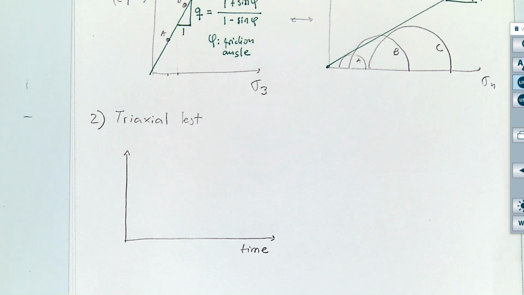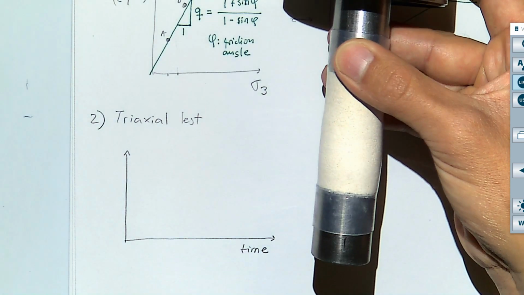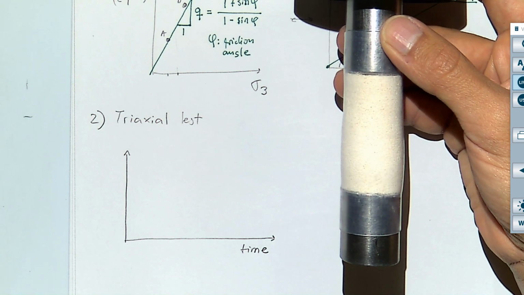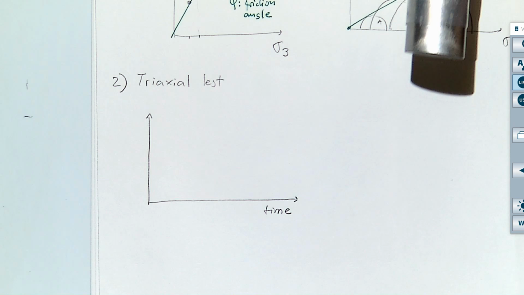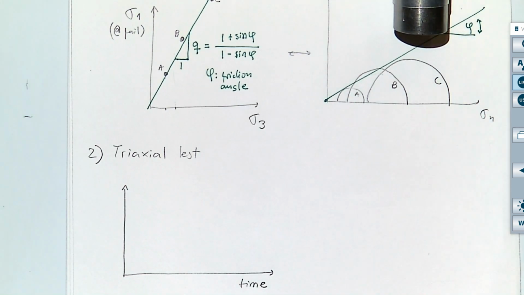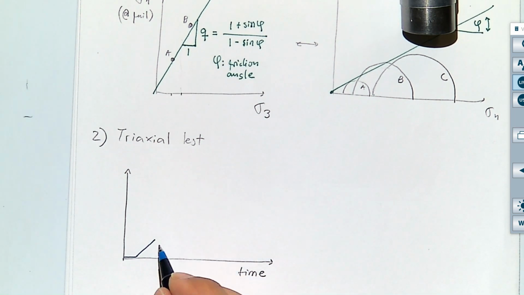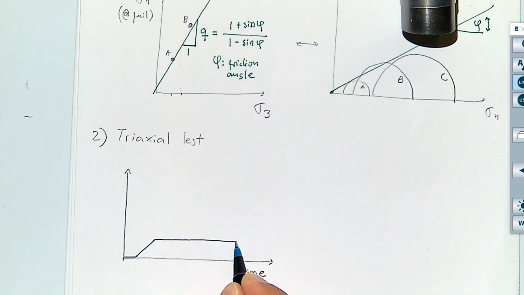The first thing that we do is, and this is what you're going to do in the laboratory as well, we get the sample inside the vessel, but the confining pressure is 0. So before applying any axial stress, you start the test, and then you increase your confining pressure.